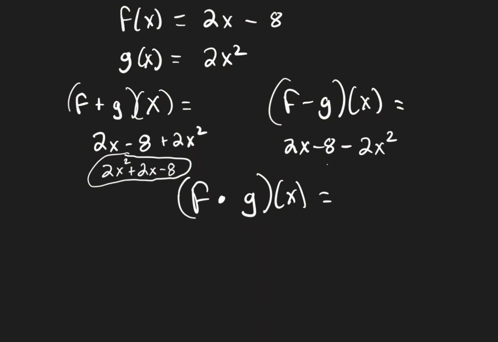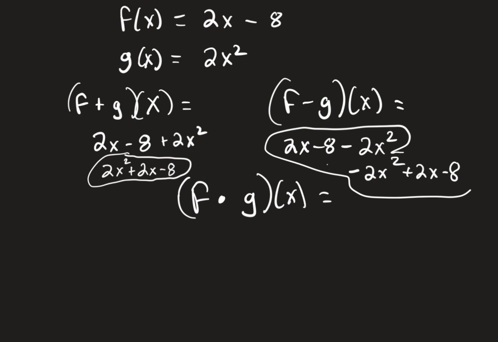Since it's only one term, you don't have a negative really to distribute anywhere. So you're good there. If you wanted to rearrange it, negative 2x squared plus 2x minus 8. Either way, good to go. Technically, there's other things we need to do with this, but that wouldn't be too bad.